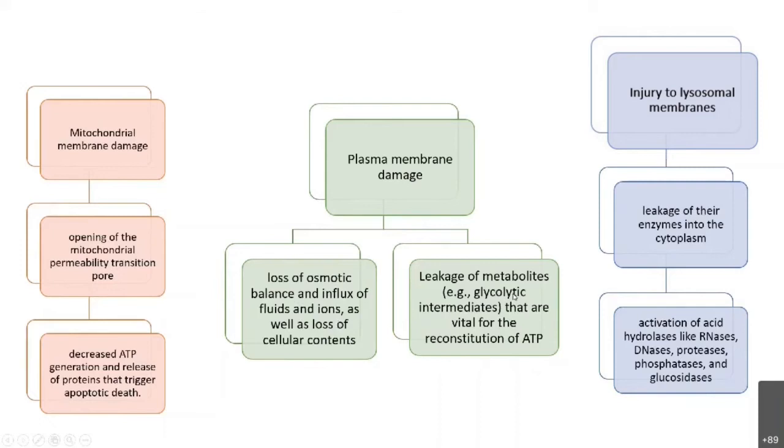Also, there will be leakage of metabolites like the glycolytic intermediates, which are essential for ATP. So there will again be decreased ATP. And when the lysosomal membranes are damaged, this will lead to leakage of the enzymes into the cytoplasm. When these enzymes, like the RNases, DNases, proteases, or phosphatases, are leaked into the cytoplasm, they will damage the RNA, DNA, and proteins, which will ultimately lead to the damage of the cell.